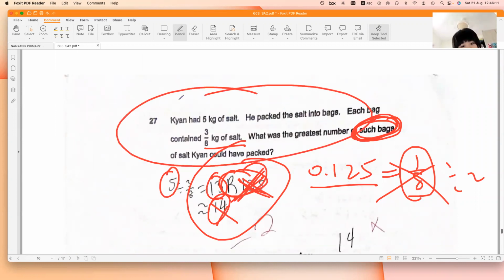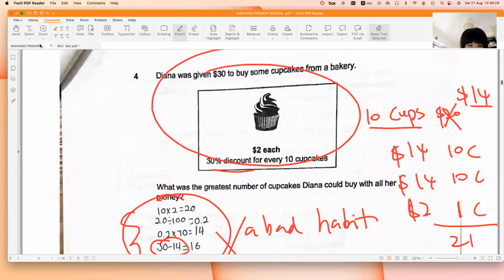This question and that question are similar. Whenever next time you get questions like this, let's say you have a total, and they break it down to, I don't know how much. They can break it down to anything. You need to show the breakdown, and then show the remainder. This is the way to show the breakdown.